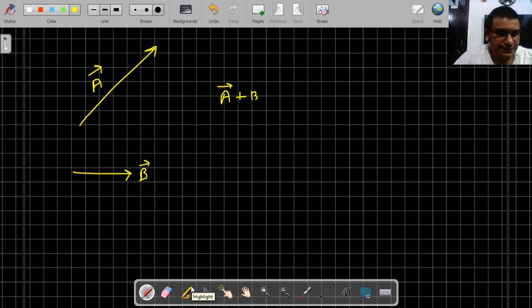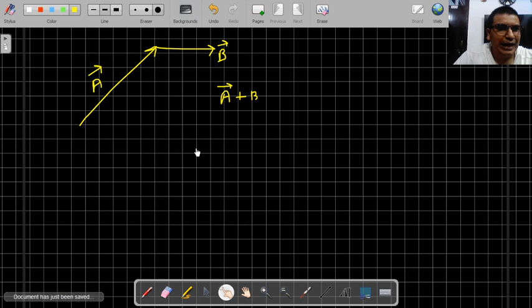For that we can move this vector to this point here. Now your vector b is here, and then we can join this whole line.